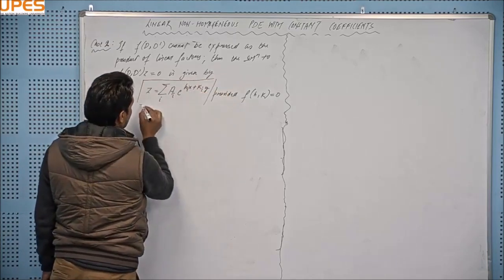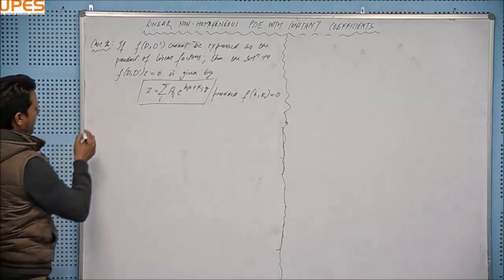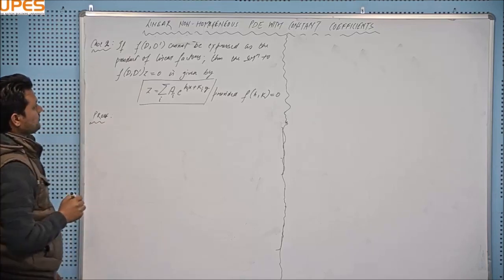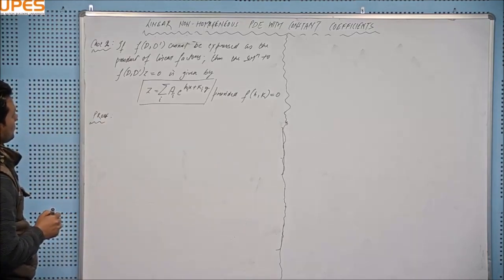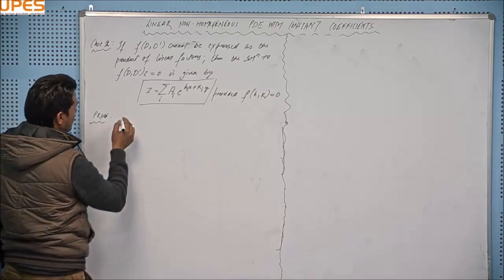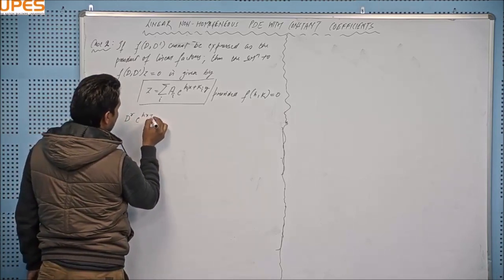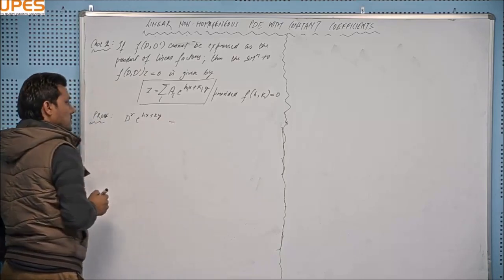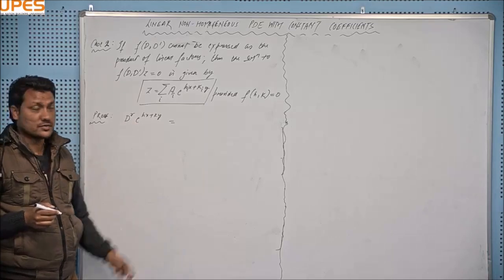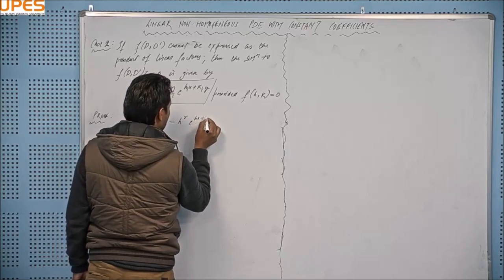And we can see a small proof for this. Proof is that if you operate this D to the power r on e to the power hx plus ky, differentiating it r times with respect to x, then the answer will be h to the power r e to the power hx plus ky.